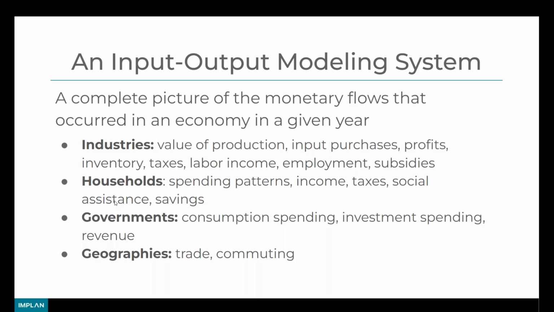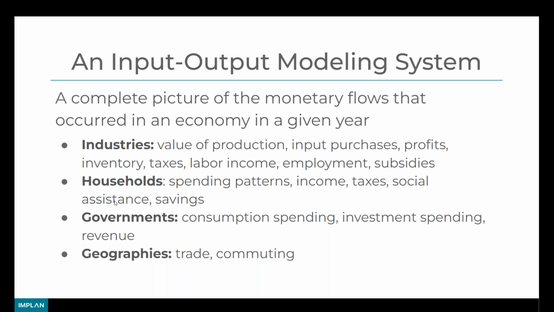Thinking generally about an input-output modeling system, this is a complete picture of the monetary flows that occur in an economy within a given year. This includes, from industries' perspectives, the value of production, input purchases, profits, inventory, taxes, labor income, employment, and subsidies.